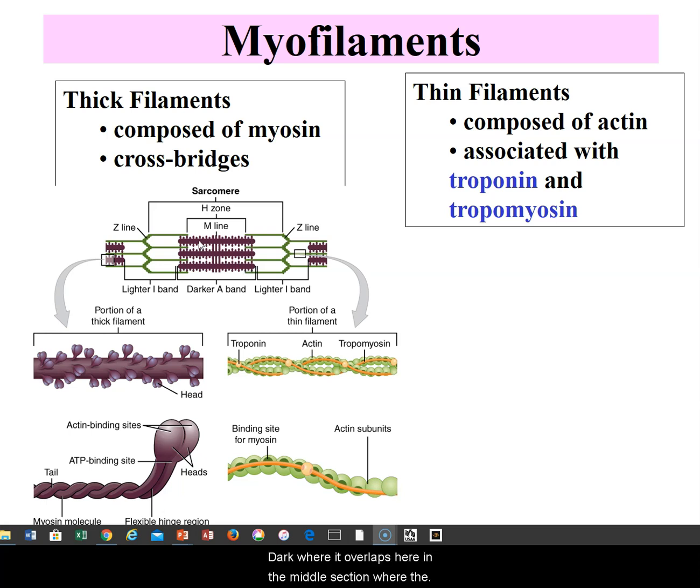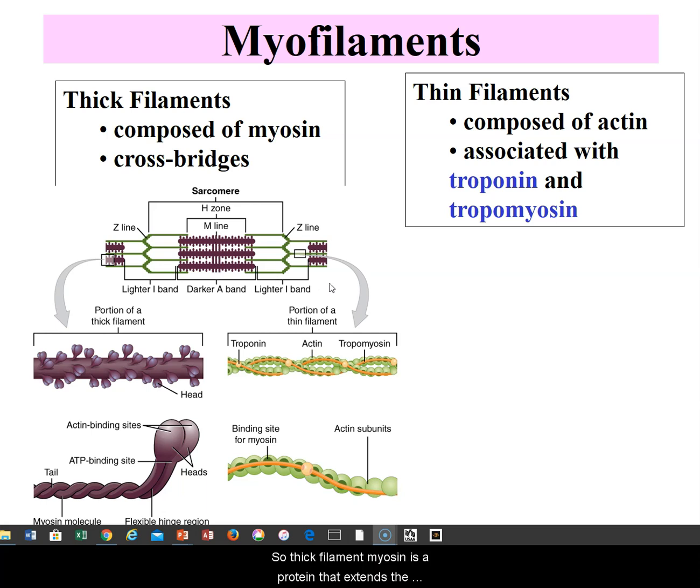In the middle section where the actin and myosin do not overlap is called the H zone. Medium dark where the actin and myosin do not overlap is called the H zone. The middle here holding the myosin in a straight line would be the M line.